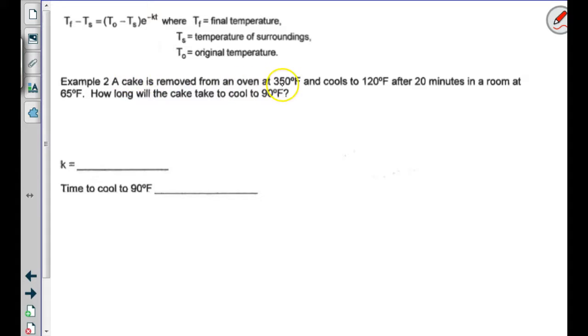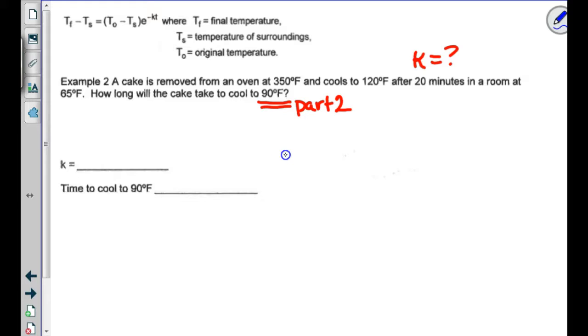A cake is removed from an oven at 350 and cools to 120 after 20 minutes in a room at 65. So we're going to use all that information from that first sentence to find our cooling coefficient. Then later, we're going to use this, okay? We use this only for part 2 of the question. All right, who can help me start?